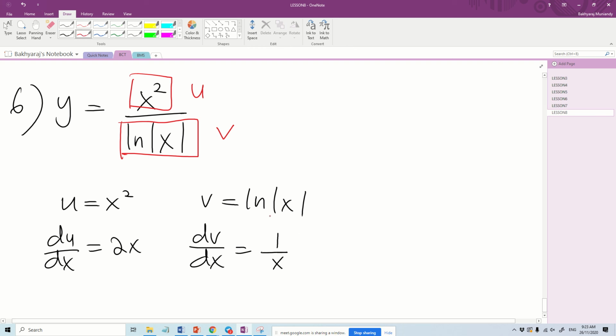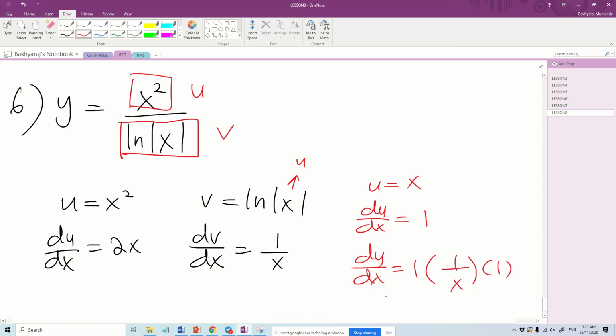Why you get 1 over x? Because your u is x, so you akan dapat 1 over u is 1 over x. Okay, let me show you. So u is x. So du dx is 1. So formula is 1 times 1 over u, which is 1 over x, times 1. So you get 1 over x.